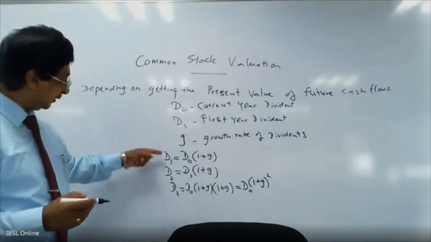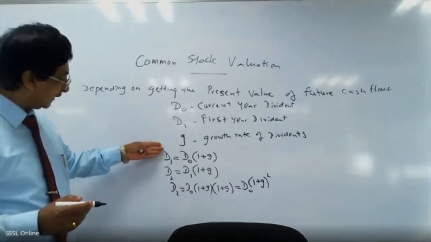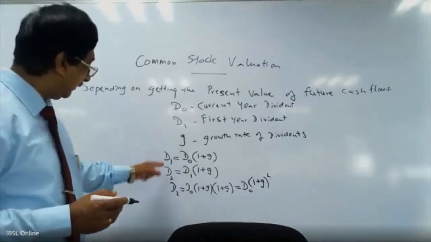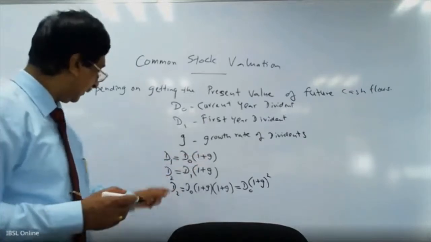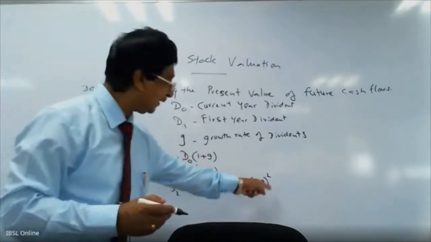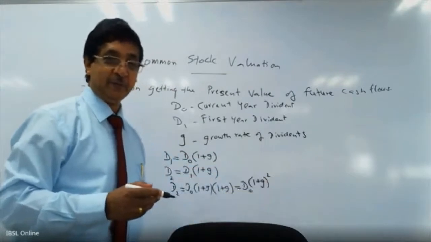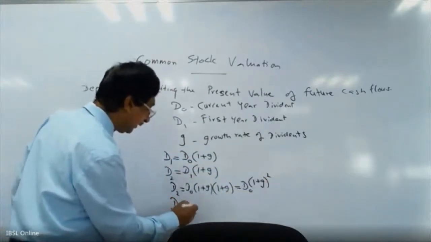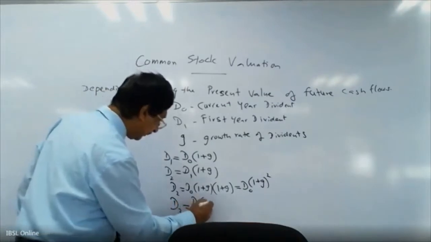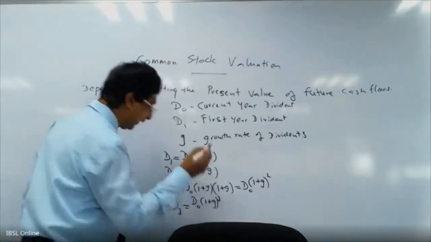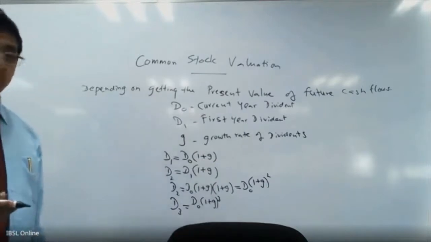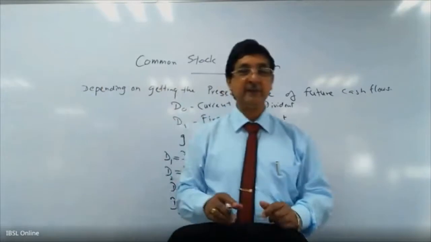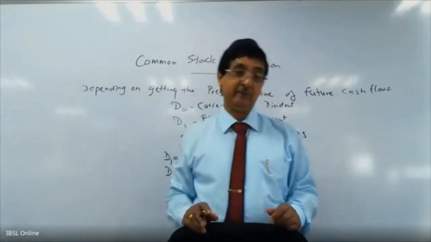Now you can see a certain pattern. D1 is equal to D0 into 1 plus G. D2 is equal to D0 into 1 plus G to the power 2. Then what is D3? D3 will be D0 into 1 plus G to the power 3. Likewise, you can have D4, D5, D6, Dn, or D infinity.